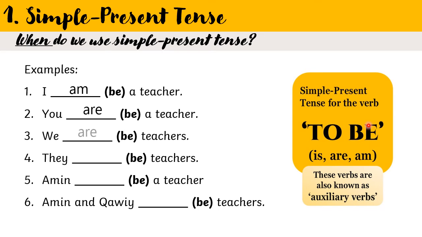We are teachers. They are teachers. Amin. Amin is only one person, so it's Amin is a teacher. Amin and Kawi, there are two people, so are. Amin and Kawi are teachers. All right? Now, let's move on to another type of verb.